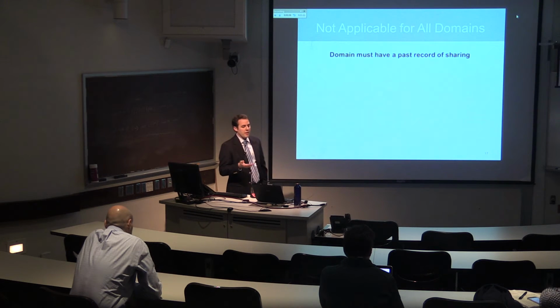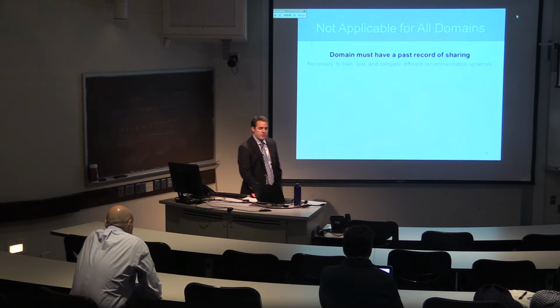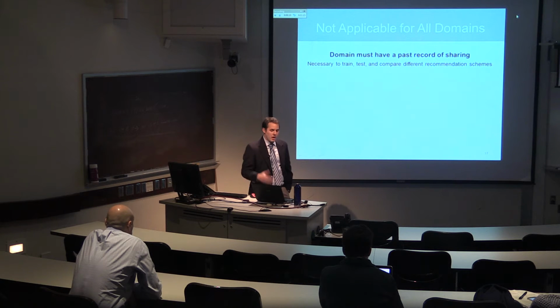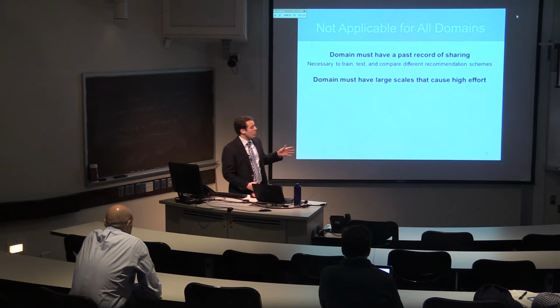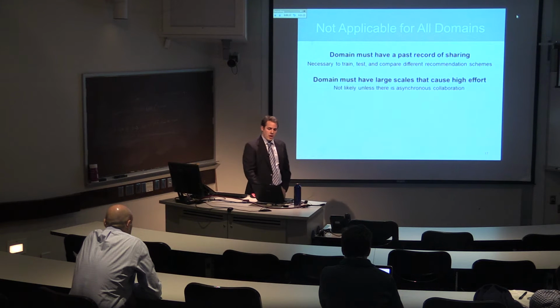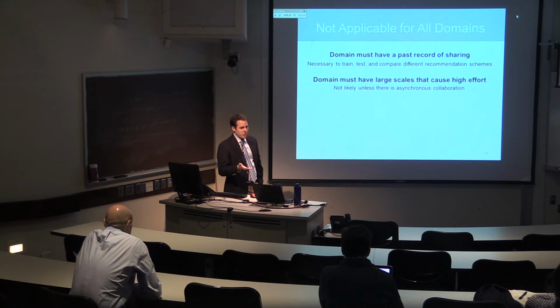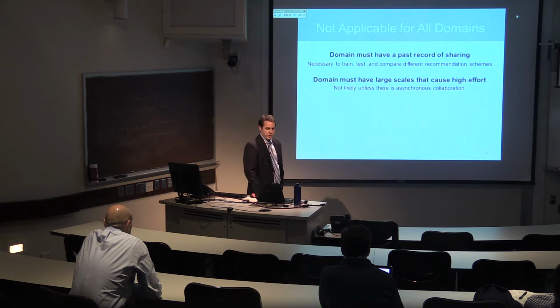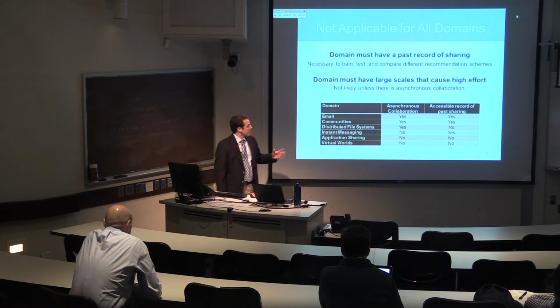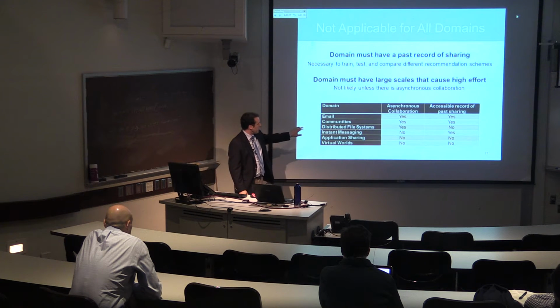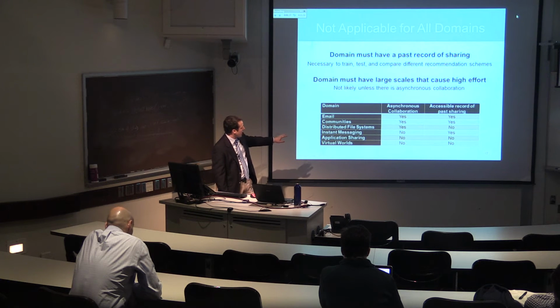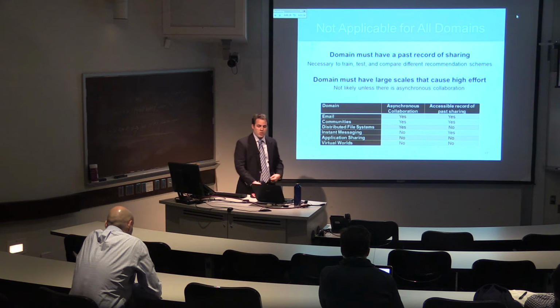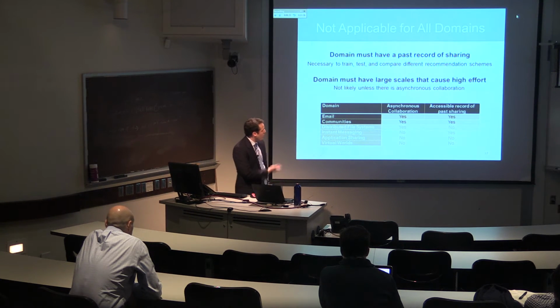The domain must have a past record of sharing, and this is necessary to train, test, and compare different recommendation schemes. The domain must also have large scales that cause high effort, and this is not likely unless there is asynchronous collaboration. And among the many domains I've touched on today, email, communities, distributed file systems, instant messaging, application sharing, and virtual worlds, only 2 of these fit these requirements, so we'll be focusing on those 2.